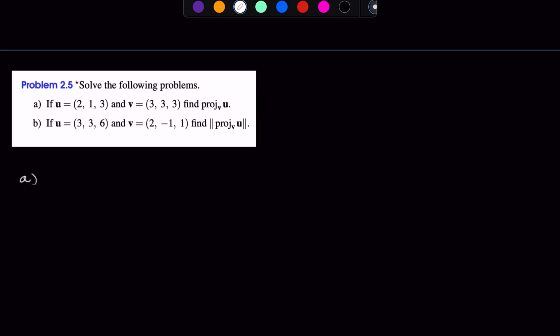Okay, so in this problem we're given two vectors u and v, and we're asked to find the projection of u onto v. Okay, so we can do this using the projection formula. Okay, so we know that we're projecting u onto v, so u dot v divided by the magnitude of v squared times the vector v.